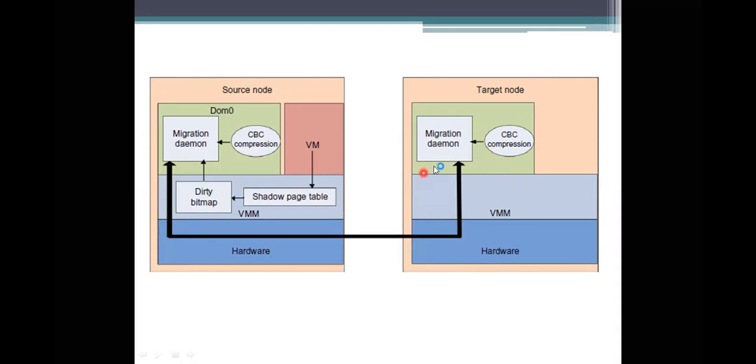Whenever the migration has been completely done by the migration daemon, it will create the shadow page table in this environment for this virtual memory transmission, and it will look after any other recreations or processing in the next rounds. Likewise, it is taking things forward. The whole process is done with the compression we are using.